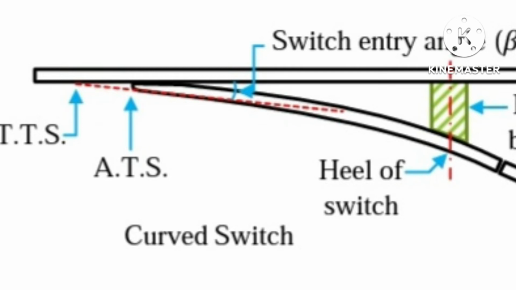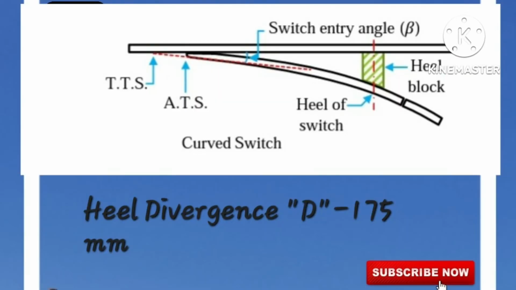This is a figure of the heel of switch. Heel divergence D is equal to 175 mm.